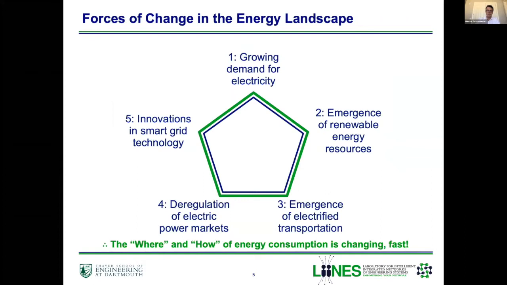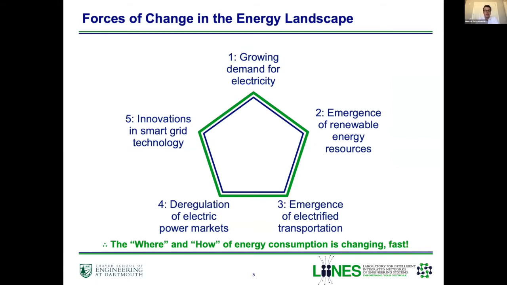To ground the discussion, I'll briefly mention the 5 forces of change that are critical to the work that we do in the changing energy landscape. So we have, of course, a growing demand for electricity. We have an emergence of renewable energy resources that are specifically distributed in nature.